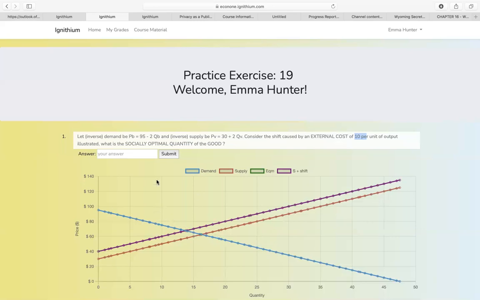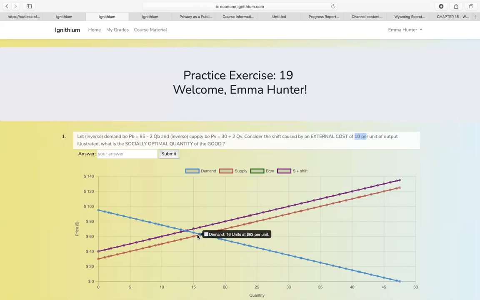So this whole assignment is about looking at what would be socially optimal if all the costs were considered, and in particular noting that when there's an external cost, if the market's left alone, it will inefficiently overproduce.